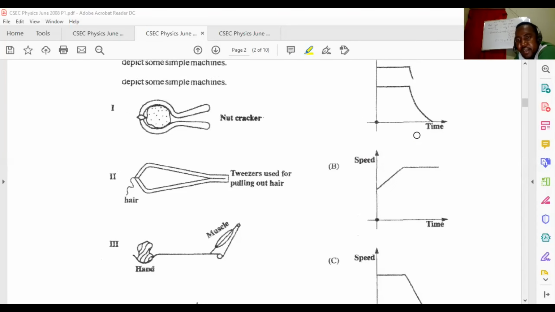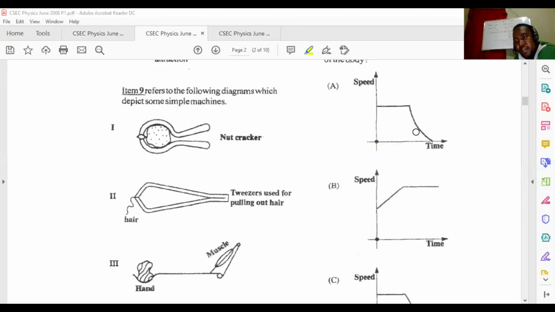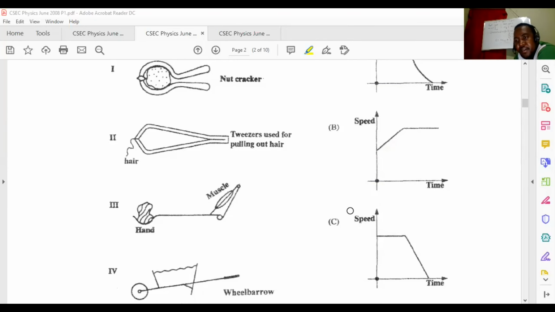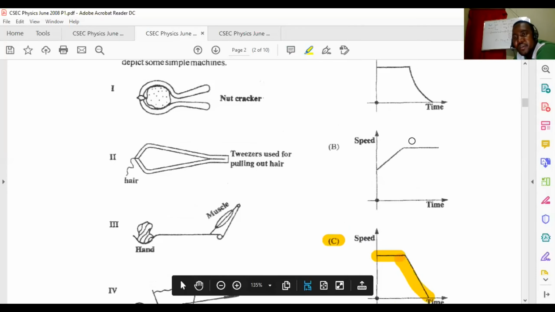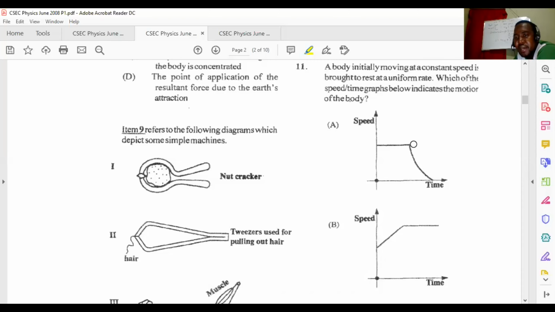C. Yes, it is C. C shows that at this point it's constant, and then uniform deceleration we see going down. Remember, the straight lines show uniform. It couldn't be A because we have a curve coming down, so that shows us that it is not uniform.